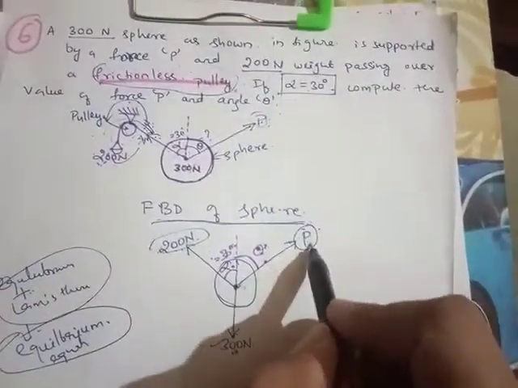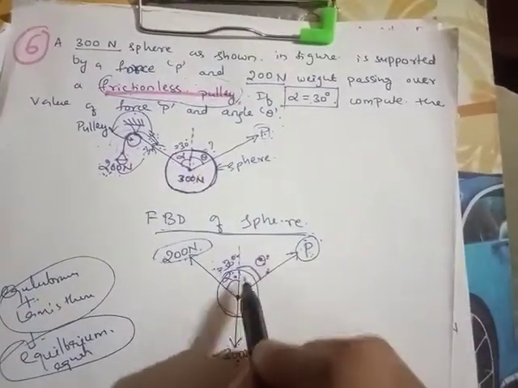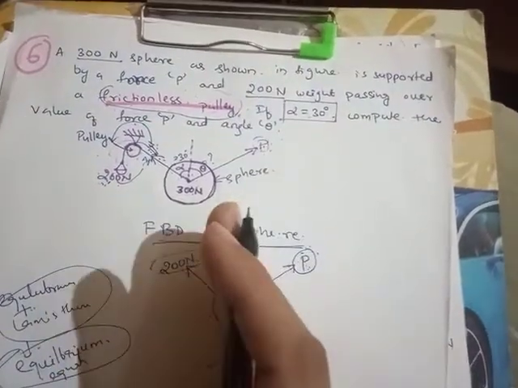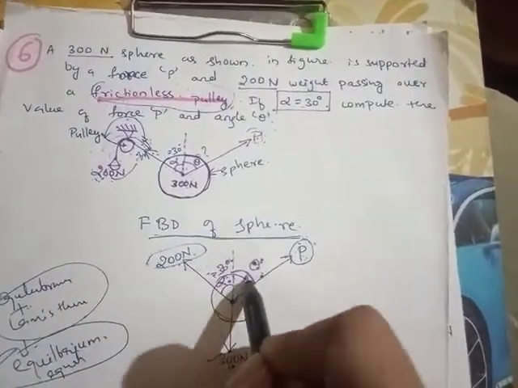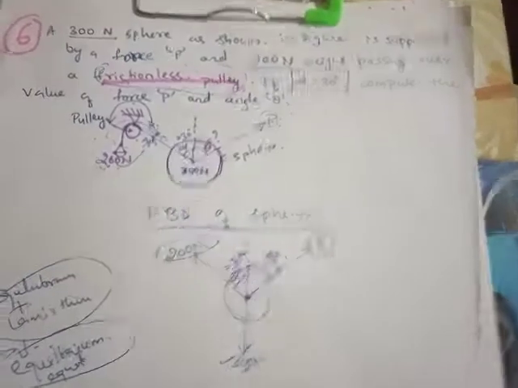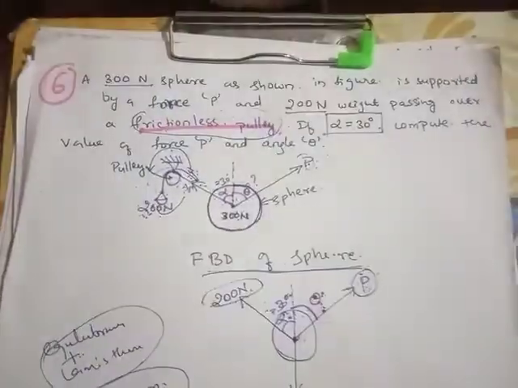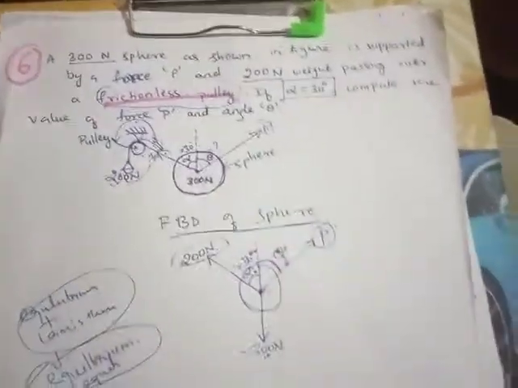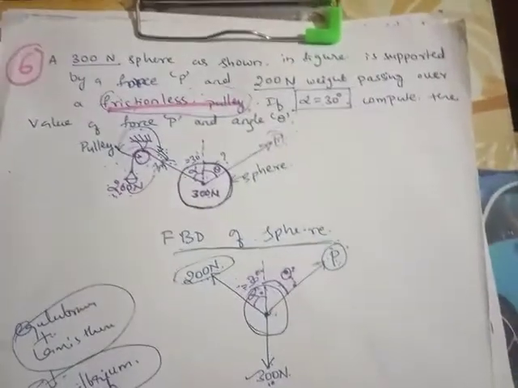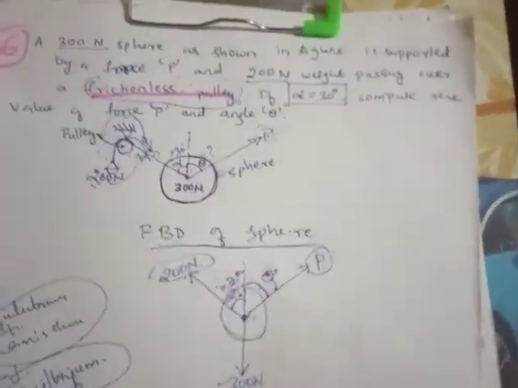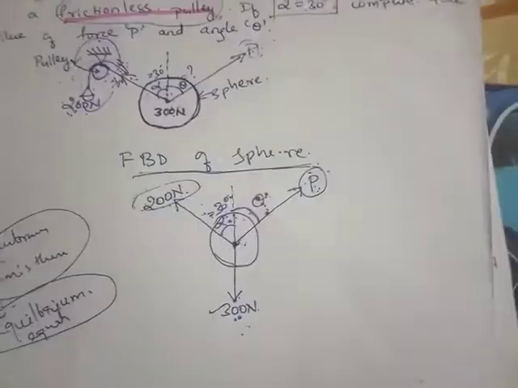Here between 200 Newton and P, the angle is unknown. Only one side of the vertical plane is known, that is alpha. The theta is unknown to us, so we can solve it only by applying the equilibrium equations.